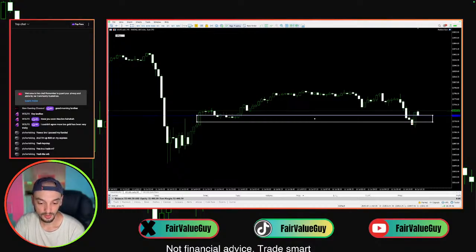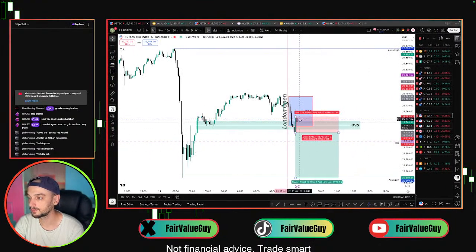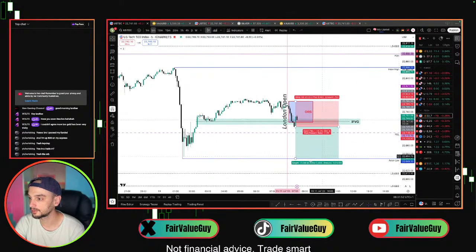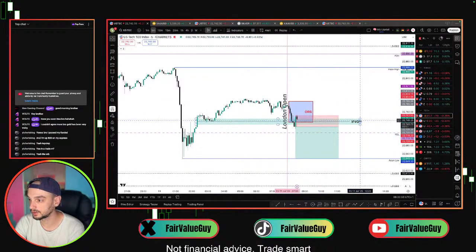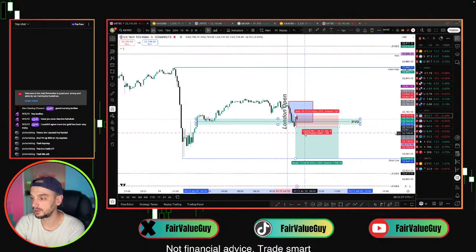Topstep, you're in a trade right now? Yeah, the ORB. I was in a trade, but I didn't use my normal rules for the ORB because it didn't make sense to target 1.25. That's why I put the stop loss right above those highs and above this inverted fair value gap. But it didn't work.